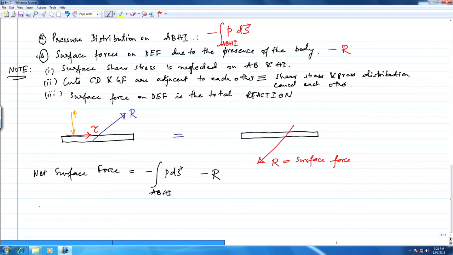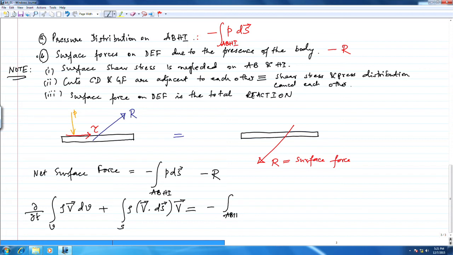I would write that as del by del t of the volume integral of rho v dV, where V is volume, plus over a surface rho v, v dot ds, and that is equal to the total surface forces, which is minus R. Now, of course, we are going to look at a steady state case, so the unsteady term is going to go to 0, because our case is essentially steady.